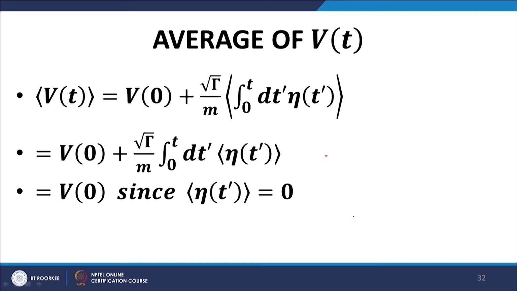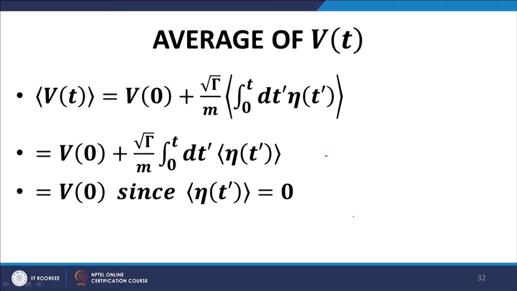But the average of eta t dash over the realizations in the ensemble is 0, and therefore the average velocity at time t is equal to the initial velocity v naught. In this particular model, the average velocity at time t is equal to the initial velocity v naught.